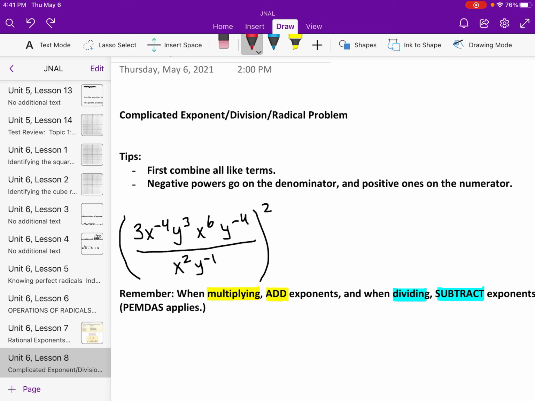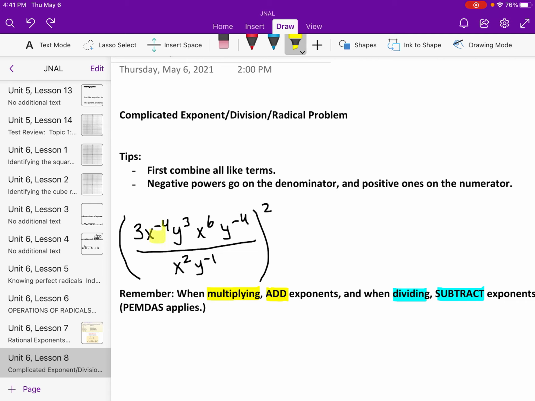Remember, when multiplying, you add exponents, and when dividing, you subtract exponents, and PEMDAS applies. So PEMDAS, in case you didn't know, that's parentheses, exponent, multiplication and division, addition and subtraction. That's not necessarily relevant, but that's to say that it's probably better to do things in the parentheses first. So we combine like terms. I will highlight the different terms that there are.